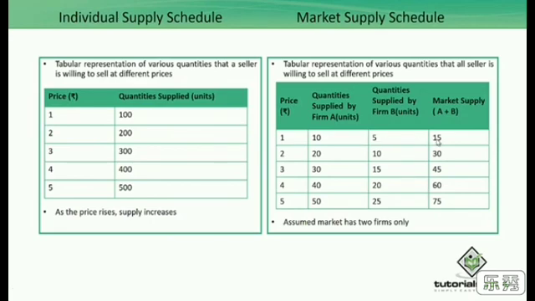That's the market supply schedule. Remember, here I'm assuming that the market only consists of two firms, firm A and firm B.